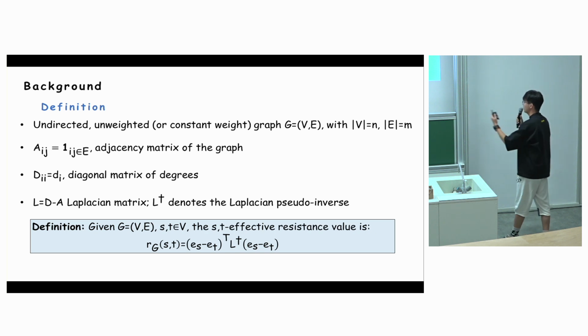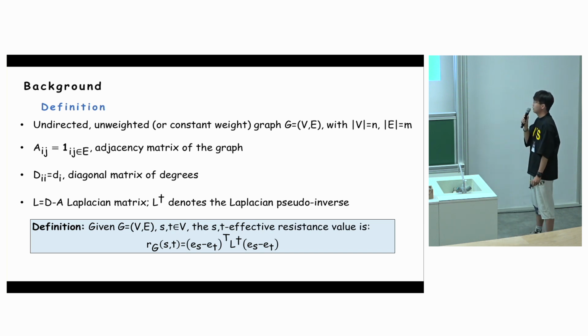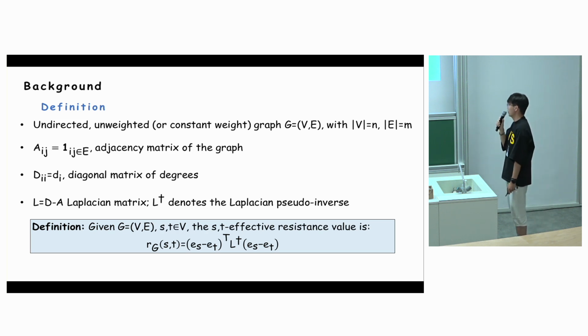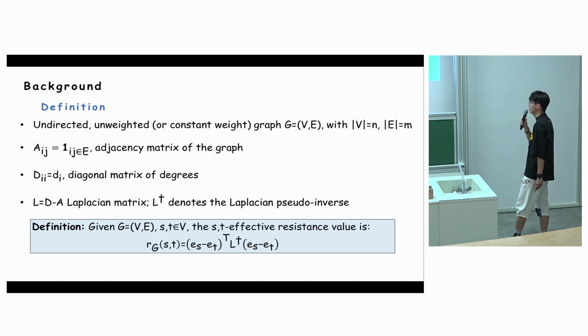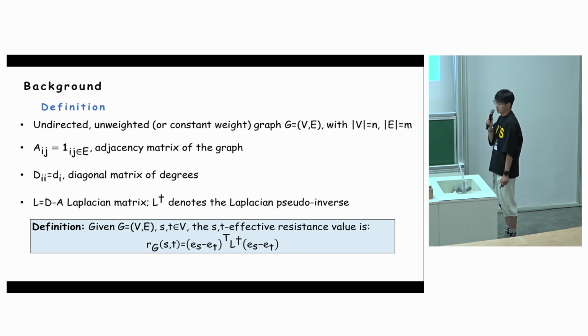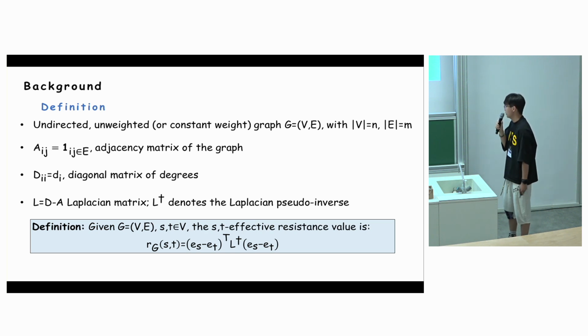I'm going to provide some basic definitions relevant to the effective resistance. We consider an undirected, unweighted, or constant bounded weight graph G with n vertices and m edges. Then we have the adjacency matrix, the diagonal degree matrix, the Laplacian matrix, and also the Laplacian pseudo-inverse.